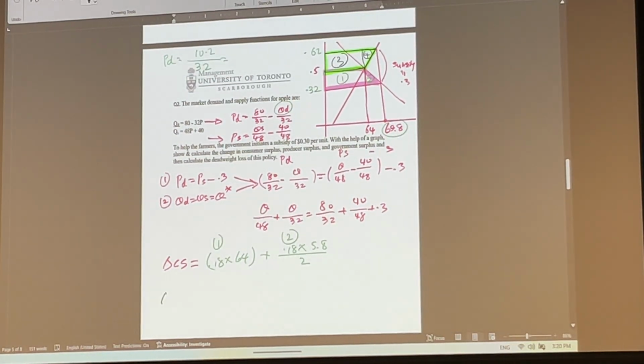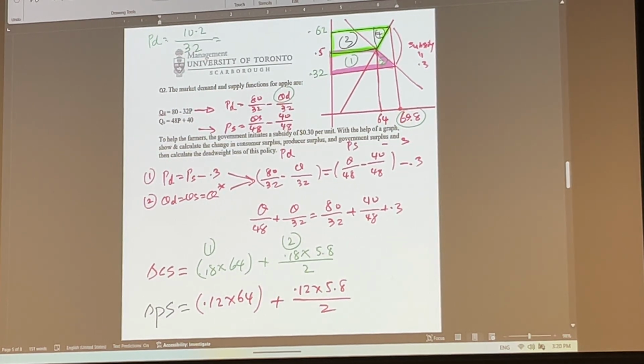So the producer surplus will change by 3, which is 12 cents multiplied by 64, plus 4, which is 12 cents multiplied by 5.8 divided by 2. Make sense? I'm pretty sure there's a formula to get the whole thing at once, but if you split it, that's nicer. It's easier to do, right? Okay.